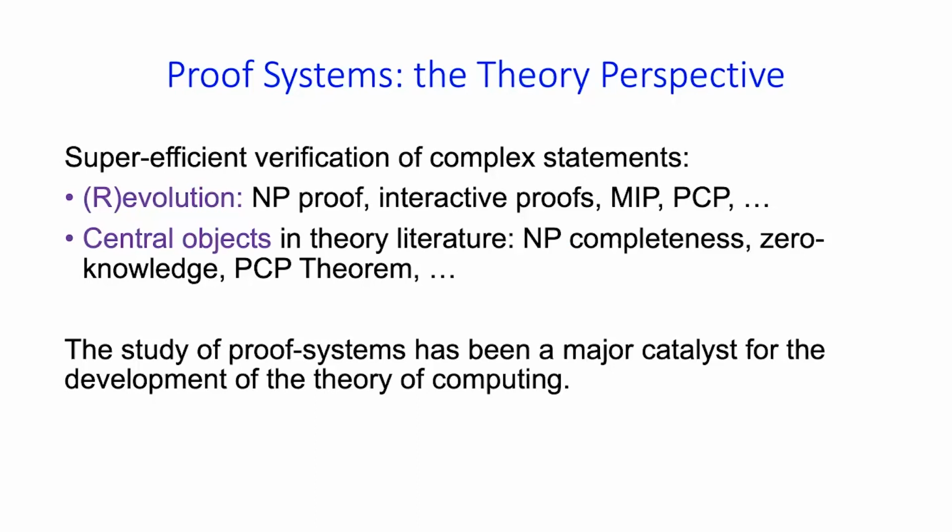So before being a little more formal, why are we interested in this? I want to give two different perspectives. The first one, which is where I am coming from, is the theory perspective. The study of proof systems in general has been an amazing catalyst for the development of the theory of computation. If you think of the beginning of the field, notions like P versus NP and NP-completeness are all talking about the existence of proof systems.